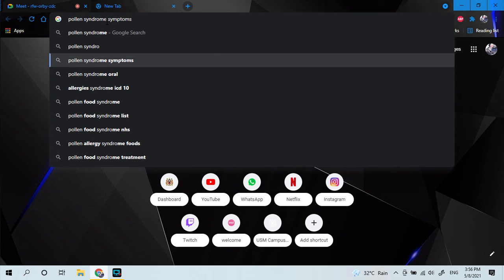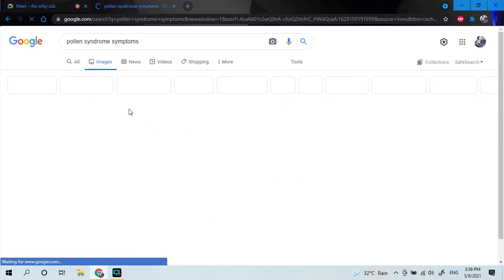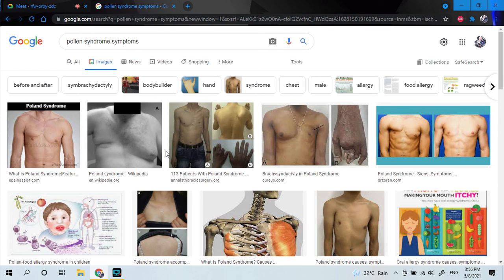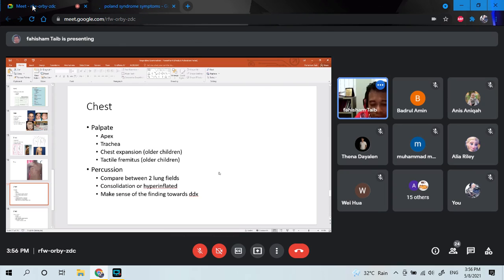Okay, beware. Similarly, you want to do chest expansion, which may not be required in smaller kids. Chest tactile fremitus may not be required, only in older kids. Percussion also, make sure when you percuss, you percuss horizontally, between both lung fields. And you need to make sense of whatever you find towards the underlying problem.